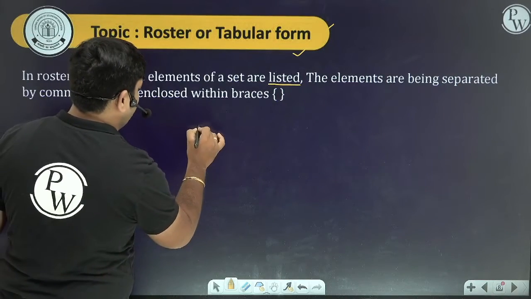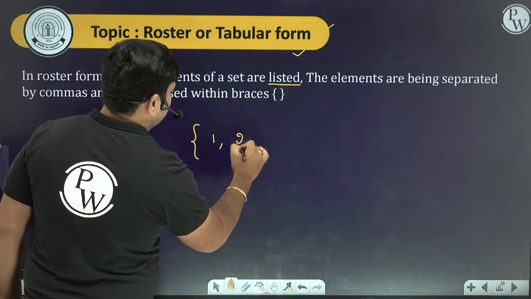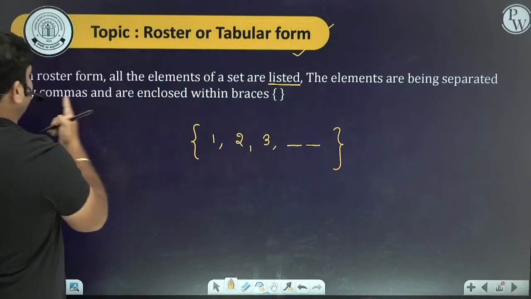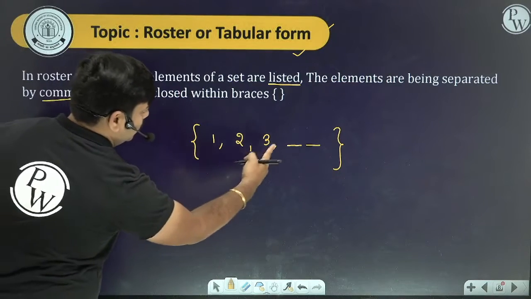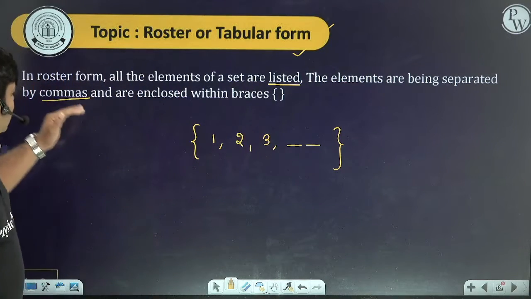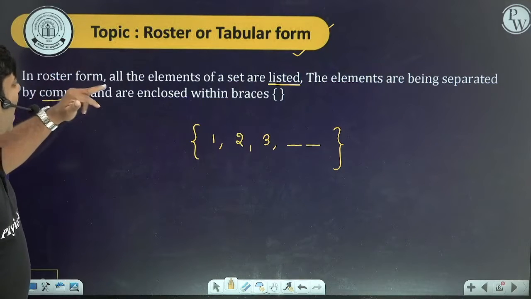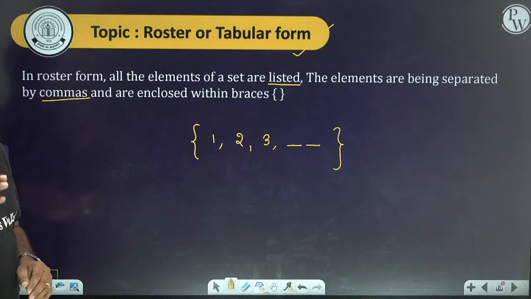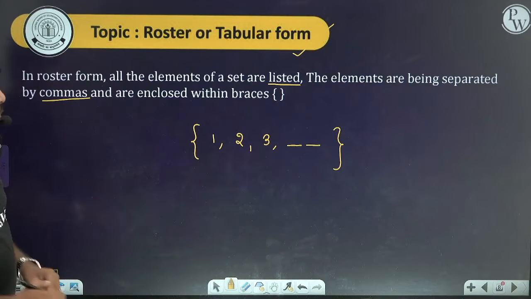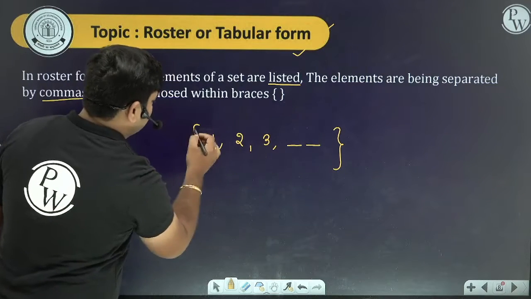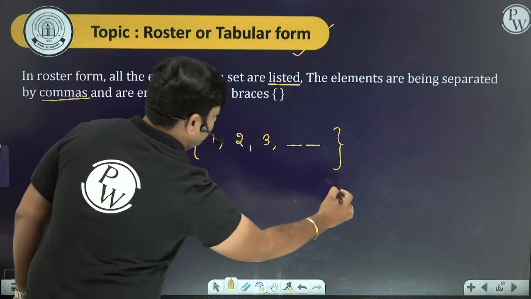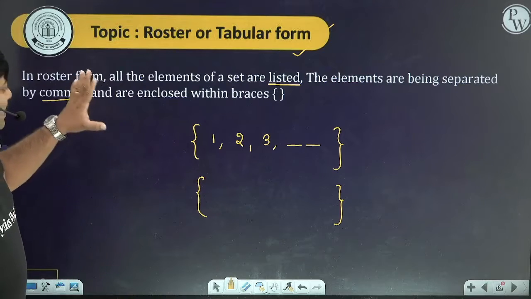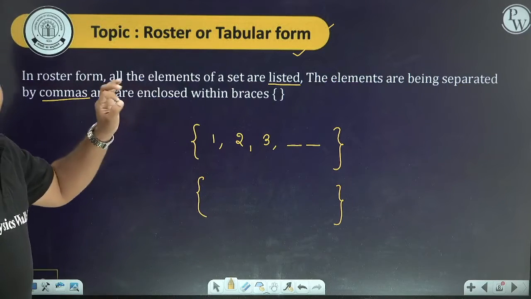For example, the natural number set has 1, 2, 3, 4 and so on, separated by commas and enclosed within braces. These are the flower brackets. Some people say braces, flower brackets, whatever it is. This type of representation is called the roster form.